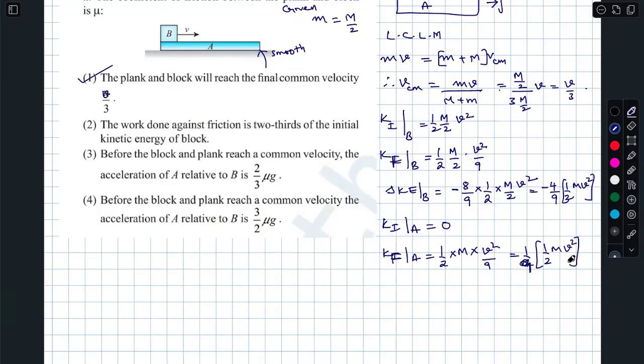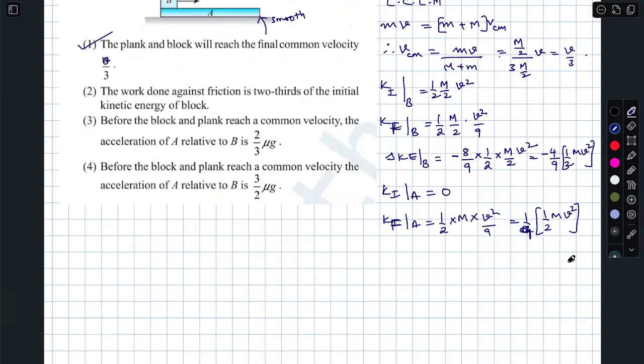Now, what is the second option? Work done against friction is 2/3 of the initial kinetic energy of the block. Now, what is the work done against friction? What is the work done by friction on B? This is minus 4 by 9 times half m v square. Agreed?